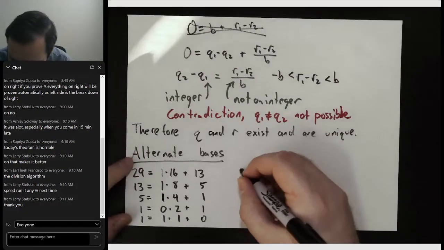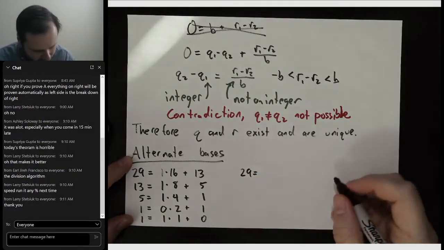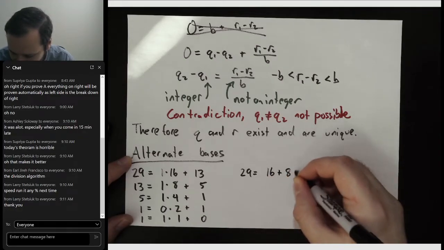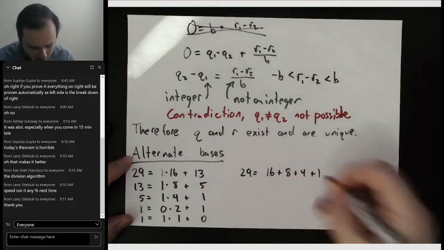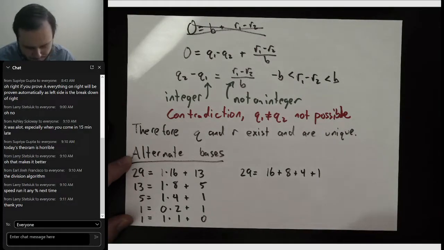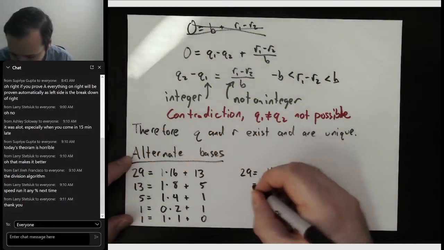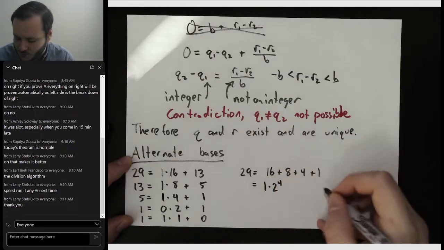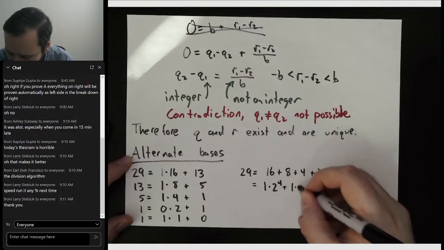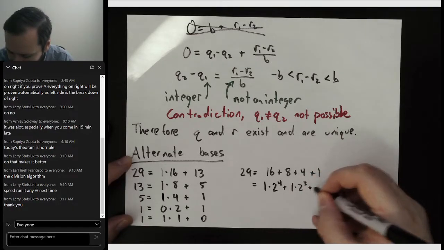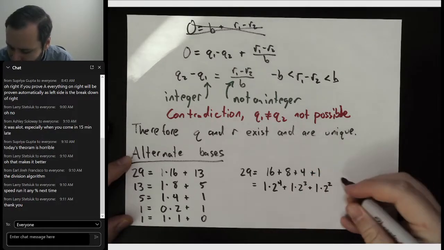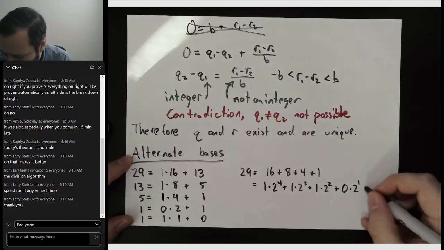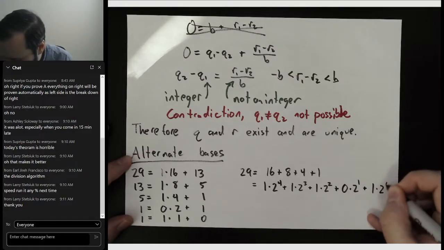But what it means is that 29 is equal to 16 plus 8 plus 4 plus 1. Or, in other words, it's equal to 1 times 2 to the 4th power plus 1 times 2 cubed plus 1 times 2 squared plus 0 times 2 to the 1st power plus 1 times 2 to the 0th power.